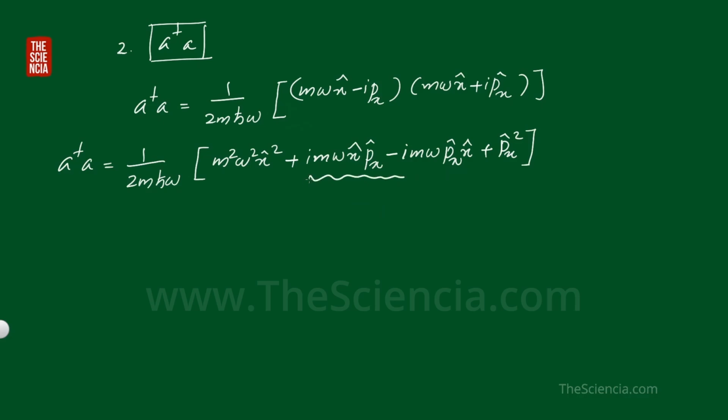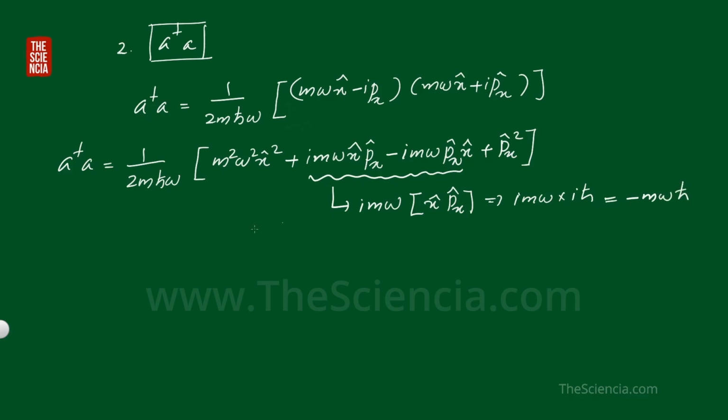Here we can write this term as i m omega commutator x cap px cap, that is i m omega into x cap px cap is i h cross, right? That is equal to i into i, that is minus m omega h cross.